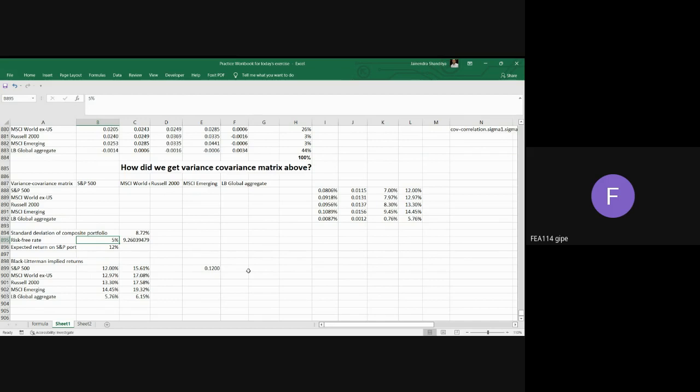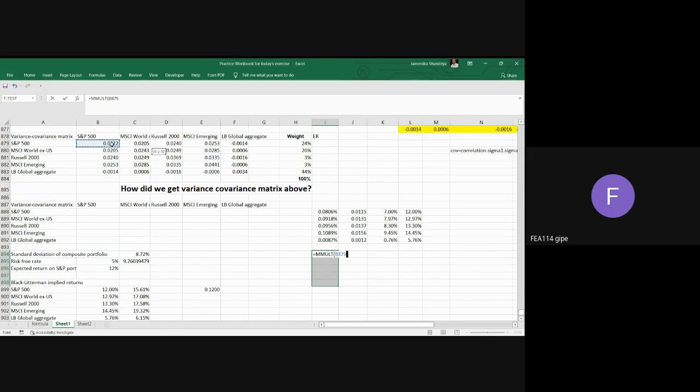So as you know, for implied return, if I have to calculate it, I use this one. 1, 2, 3, 4, 5. For the implied return, what you usually do for a benchmark is matrix multiplication first, right? You do the matrix multiplication of the variance covariance, which is invariably the case, and you multiply with what?